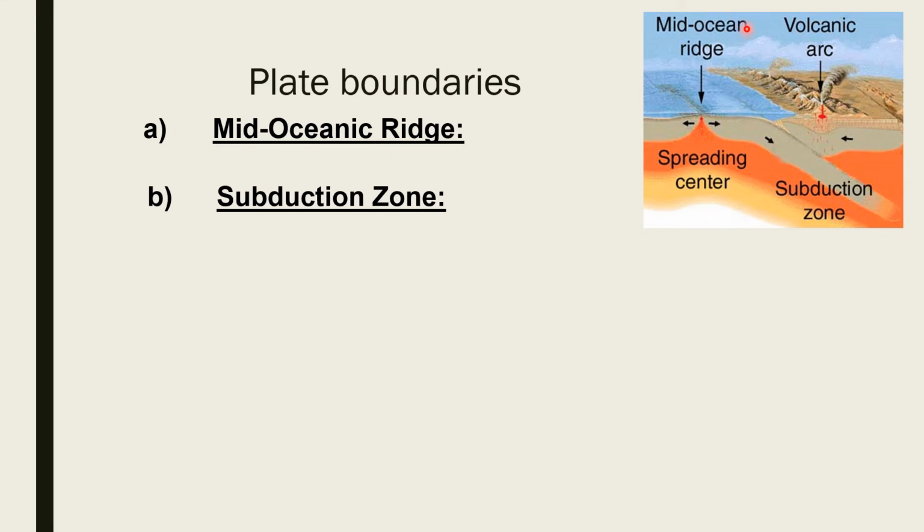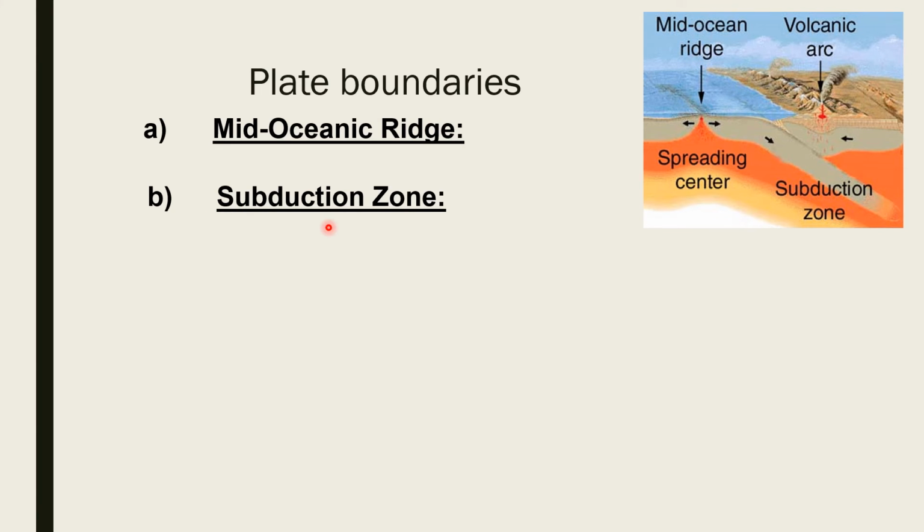Take the left part, the mid-ocean ridge. When two plates move away from each other, molten lava comes out, and after the hardening of the lava on the surface, a new boundary develops. That is called the mid-ocean ridge. This phenomenon mostly happens in the ocean, so that's why it's called mid-ocean ridge.